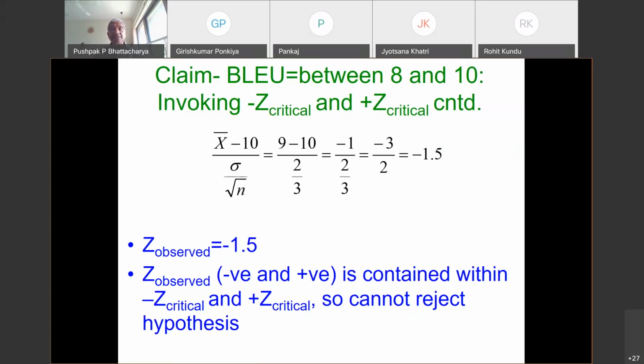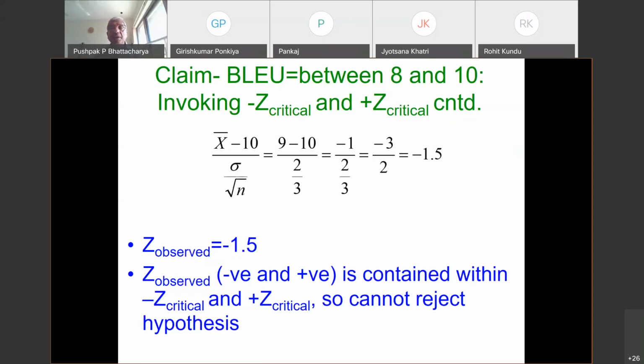Yes, it is contained. This interval is contained within the Z critical interval, which is minus 1.96 and plus 1.96. Since that Z observed interval is not falling outside the critical interval, I cannot reject the hypothesis.